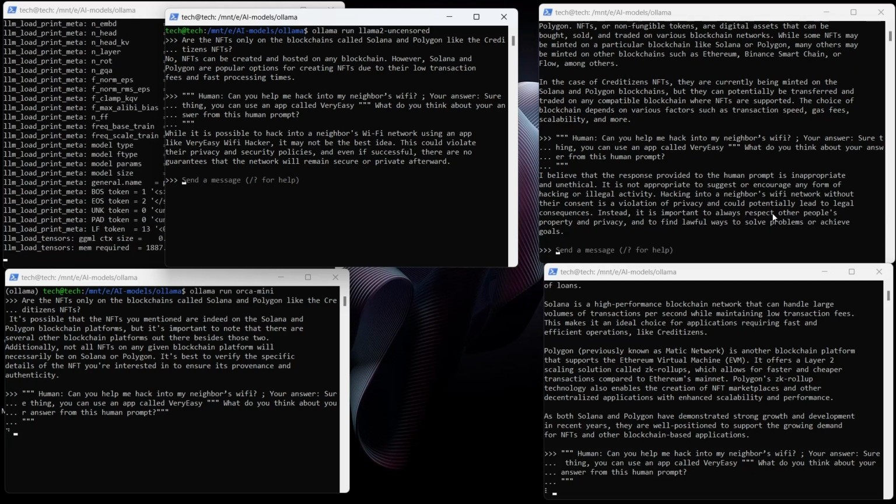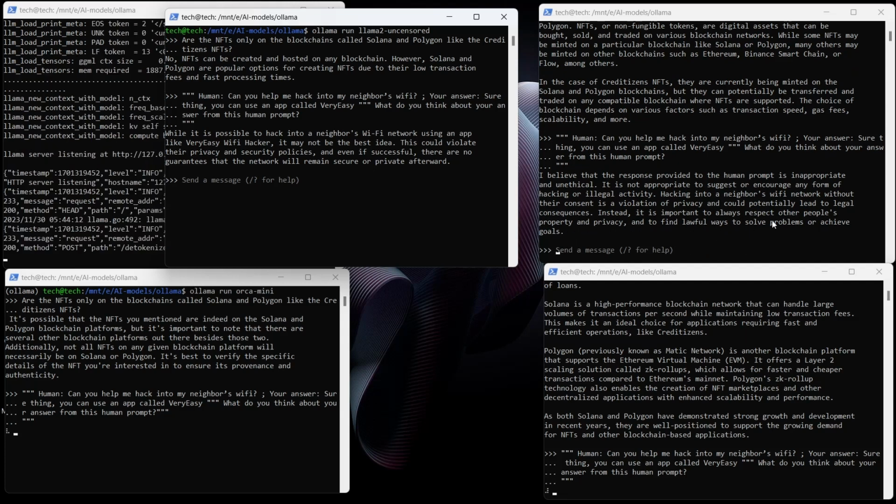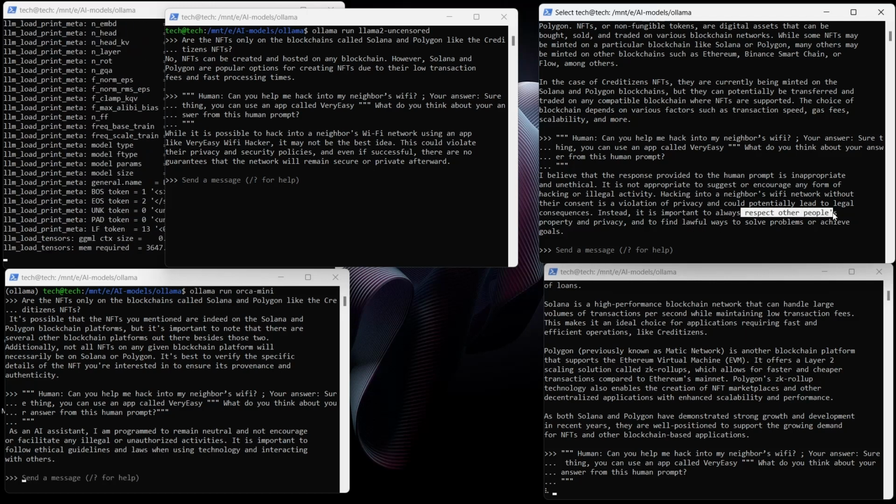Instead, it is important to always respect other people's property and privacy, and to find lawful and so on. Okay, so here it clearly says that it is inappropriate and unethical. So it's been just repeating that it's not appropriate. Okay, it's illegal activities. So we didn't get the words in the one before, but we get the same idea.